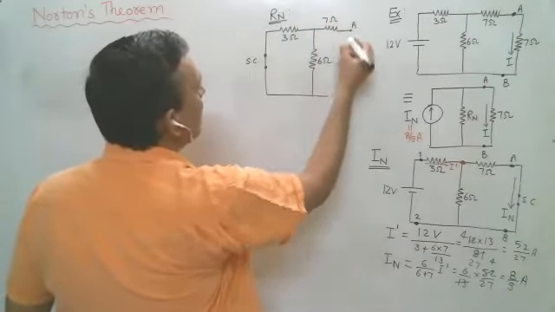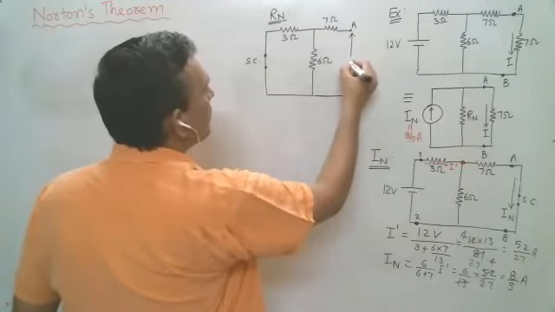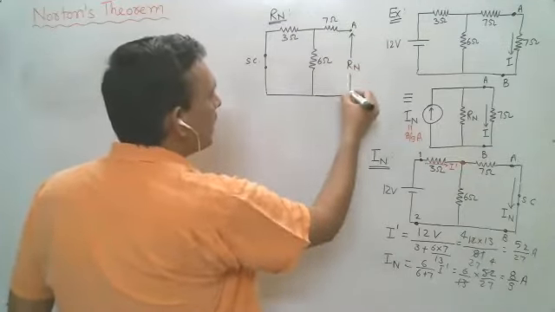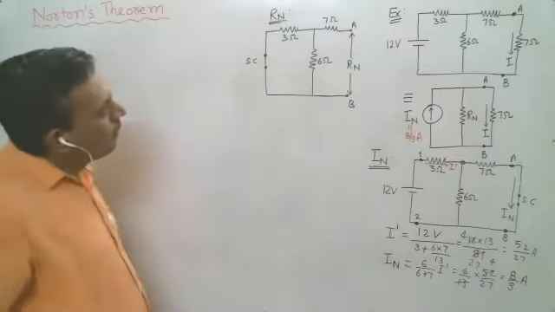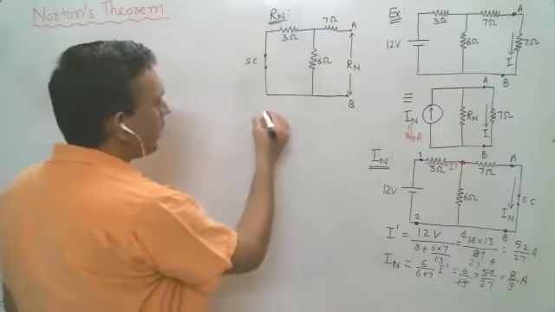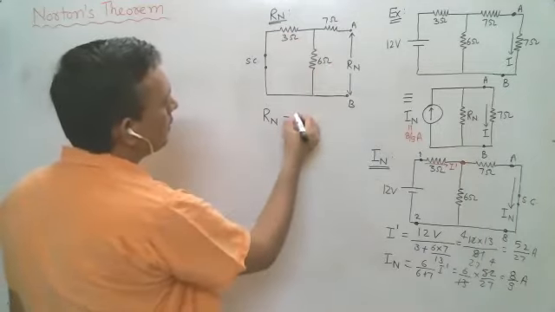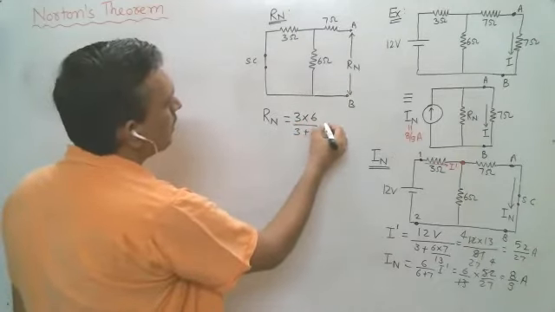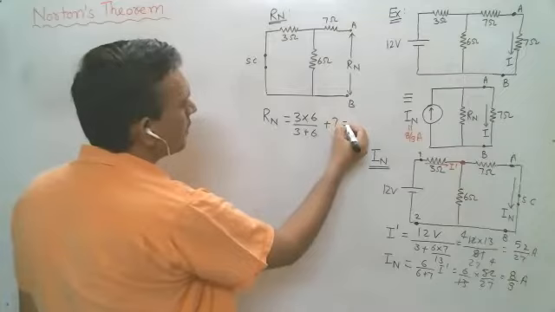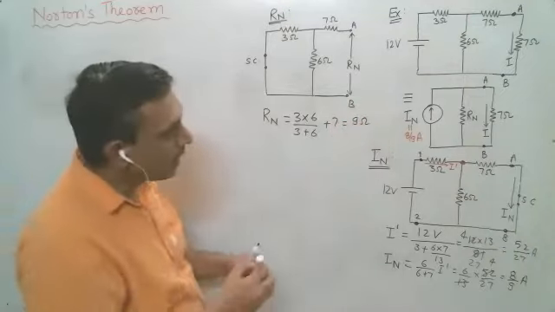This point is A, and this point is B. Measure this resistance. Rn and RTH have the same value. Now these two are in parallel. So 3 into 6 by 3 plus 6, plus 7. So that is 9 ohms. So Rn is 9 ohm.